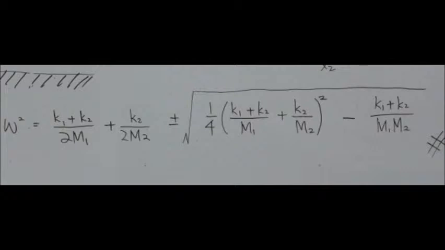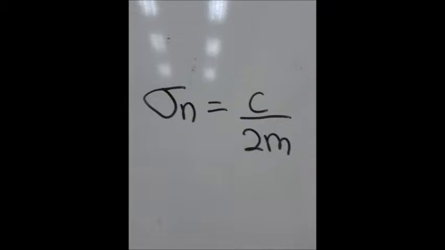Quantities under the square root are positive. Hence, values are real for values omega equal plus minus omega 1 and plus minus omega 2. To obtain decay rate for each mass, the formula used is sigma n equals C over 2m, where n is for top and bottom of the mass spring.